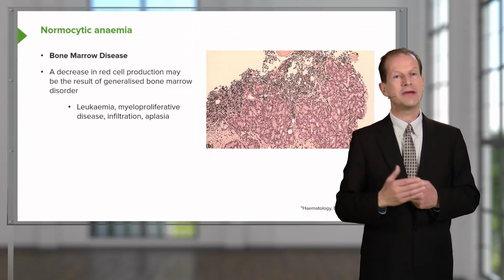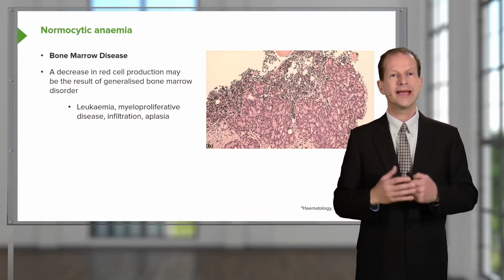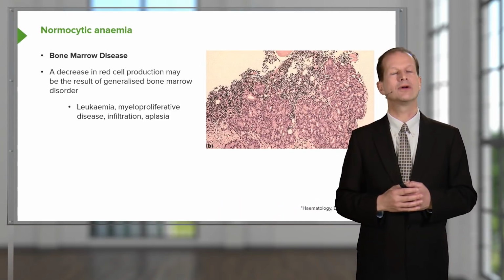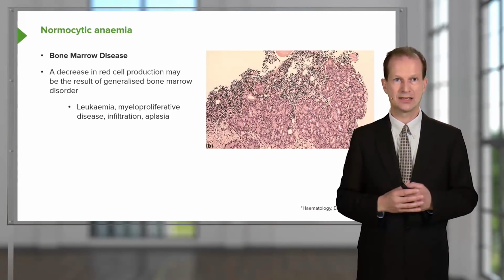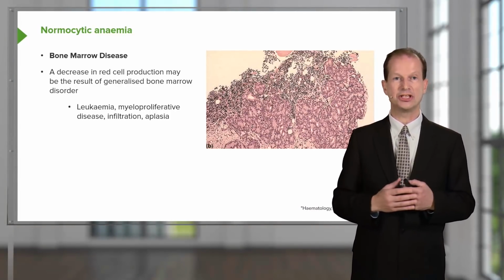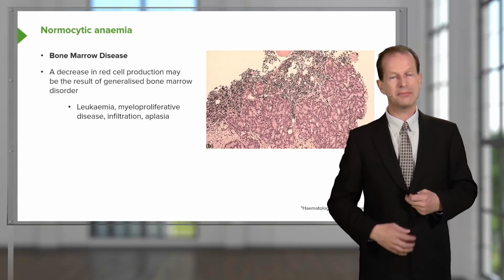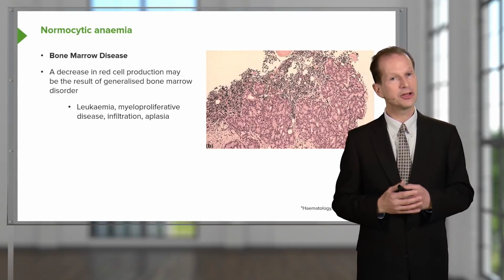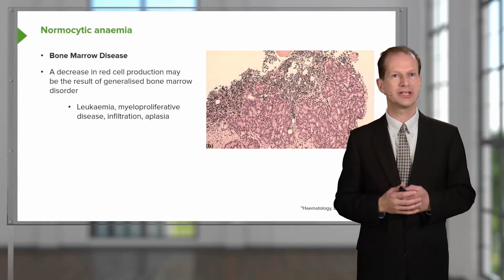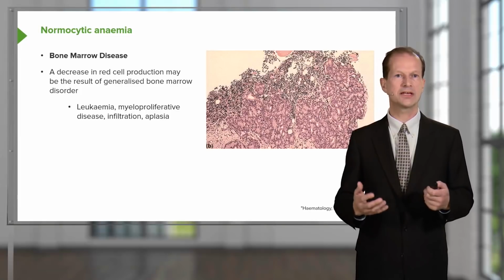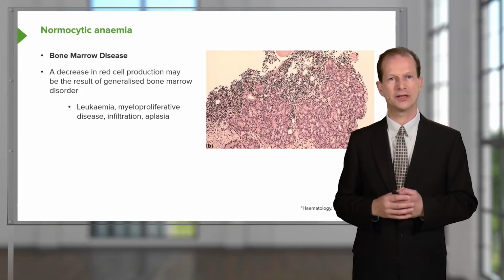Another time where you may see a normocytic anemia is when the bone marrow itself is involved through other diseases. Now, in this situation, you'd also see reduction in white cells and platelets. The bone marrow simply can't produce enough normal cells. This can be due to a wide range of clinical problems.